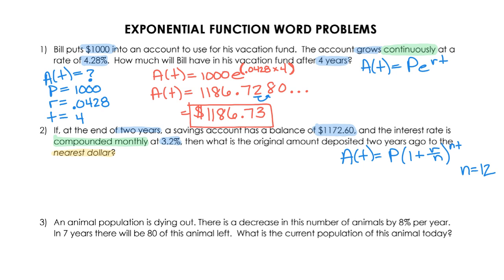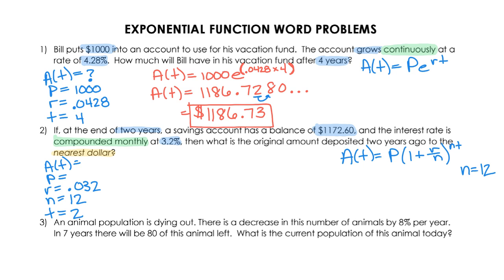All right, so here we go. We got A of t in there. We have P. We have R, N, and T. And by that monthly, we already know that N is 12. We know our rate is 0.032. 2 years would be our time.